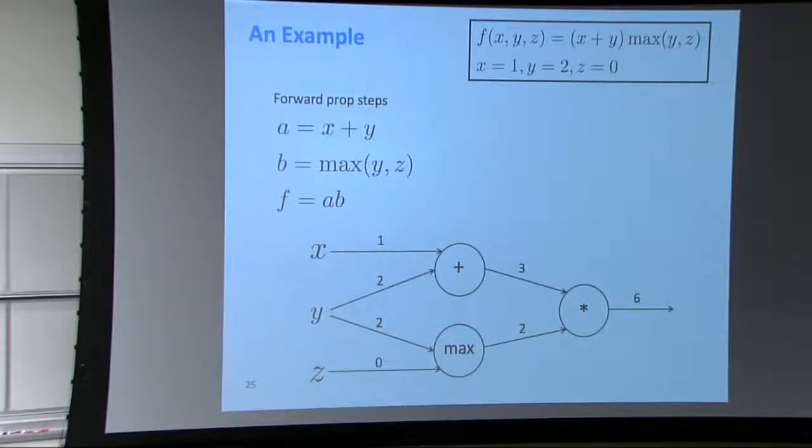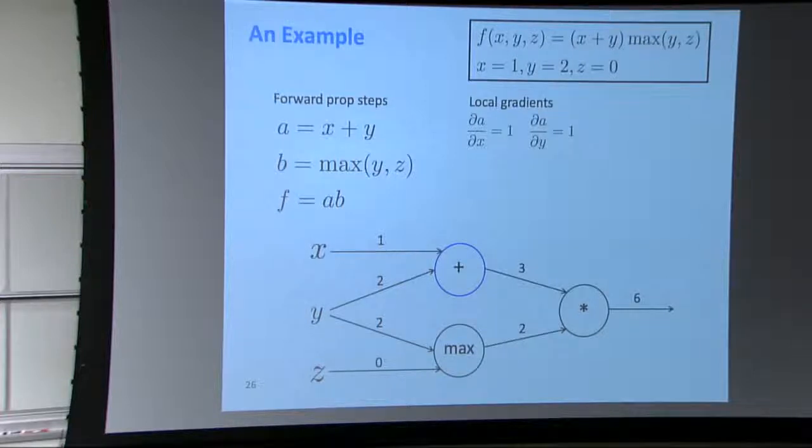The first thing we do is add, and the result of that is 3, so we can put that onto the arrow that's the output of add. Max, it's 2. Times is 6. And so in the forward pass, we have evaluated the expression, and its value is 6. That wasn't hard.